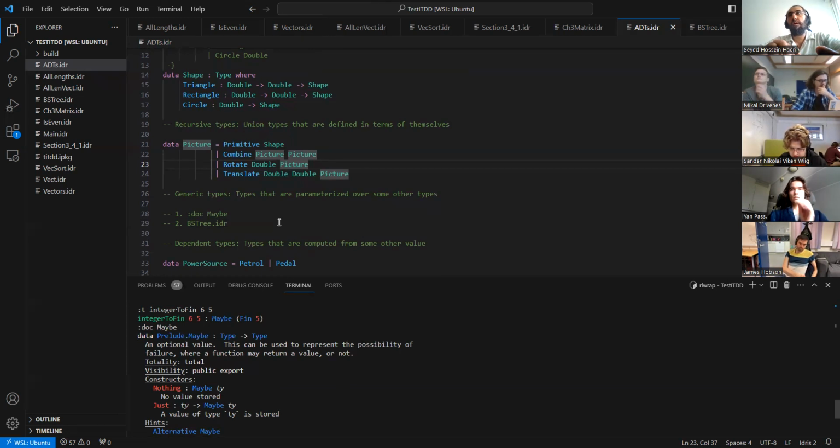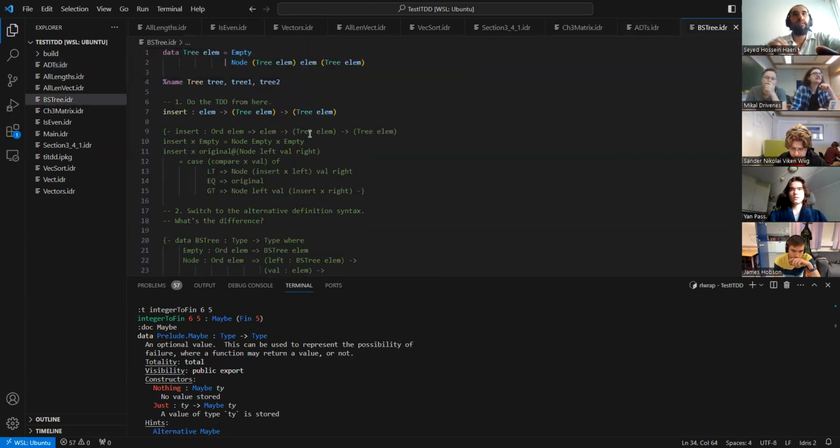Now we are going to dive into an example of these kinds of data types. Let's say that we want to have a tree. What was that called? These are the trees that don't have labels on the leaves.